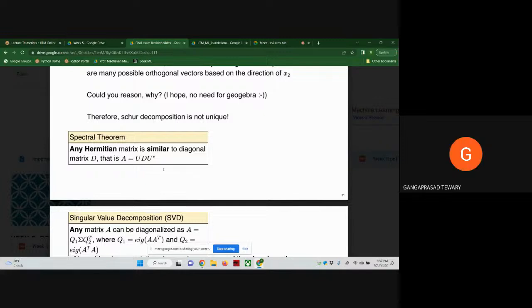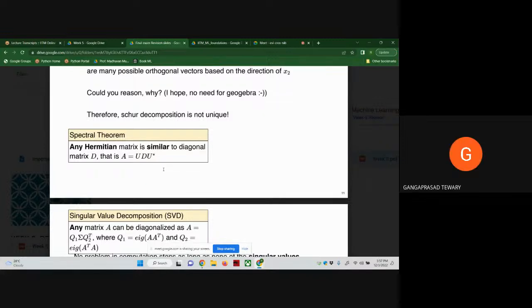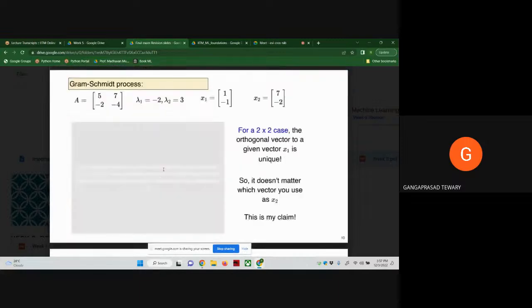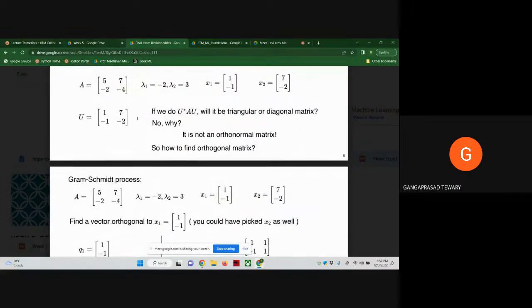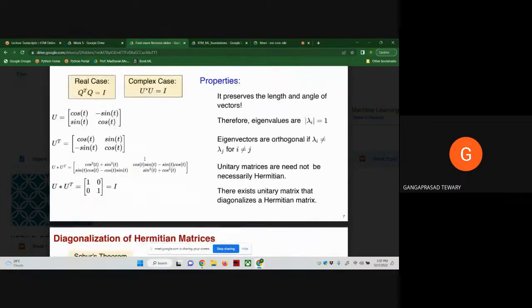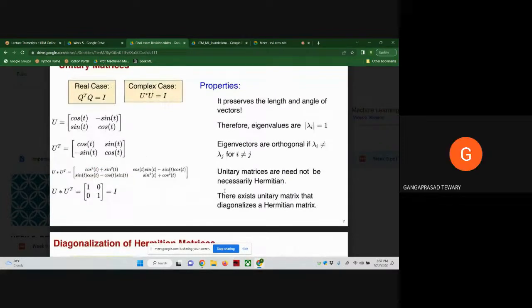In the previous slide, one of the properties was that unitary matrices need not be Hermitian matrices. Here we could see that U equals cos t, minus sin t, sin t, cos t.